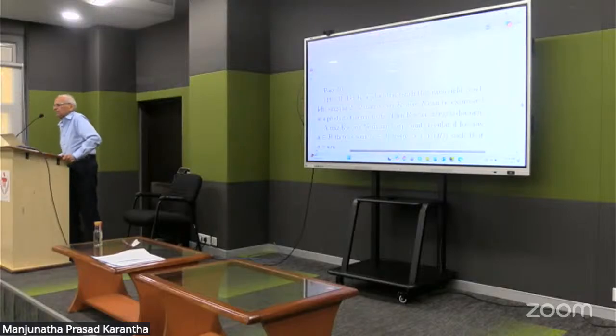Okay, now I divert to a very special and important class of rings defined by von Neumann in the 30s. For continuous geometry, he studied this thing. It is now called von Neumann algebras. What is that?